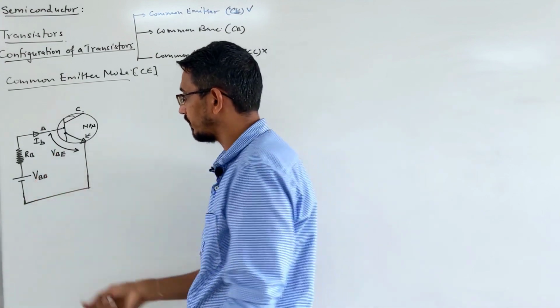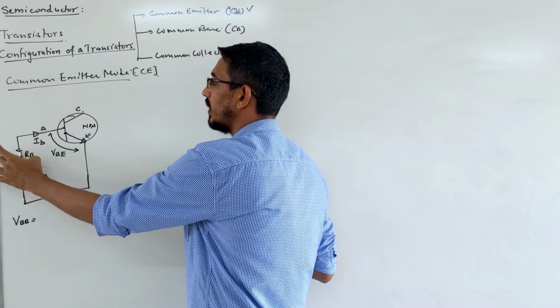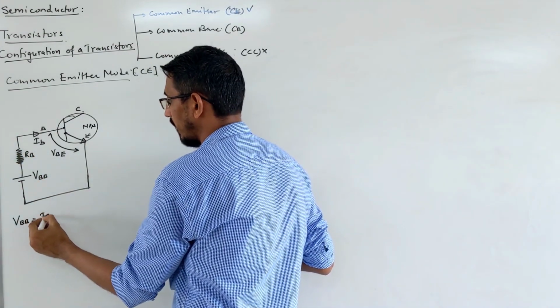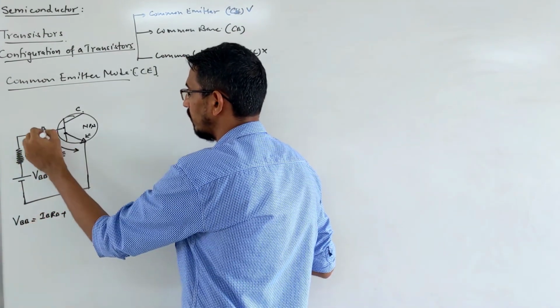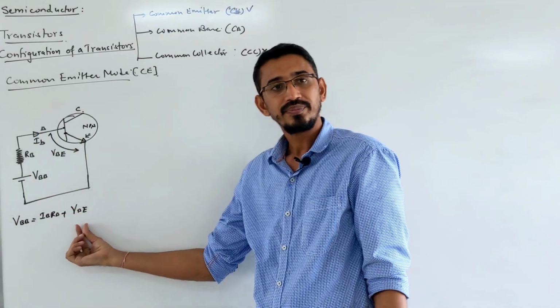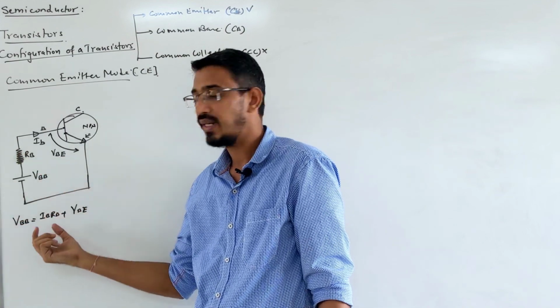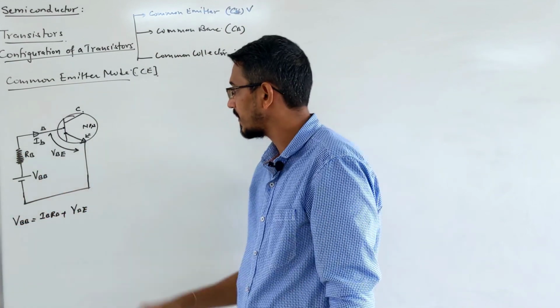So on the input side, VBB will be equal to the voltage drop here, IBRB, plus the voltage across this junction, VBE. Remember, the input voltage goes to this and this. We will solve numericals later, so we will need this.